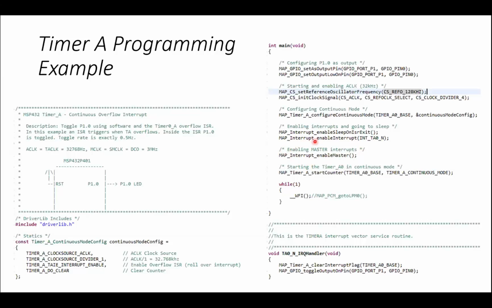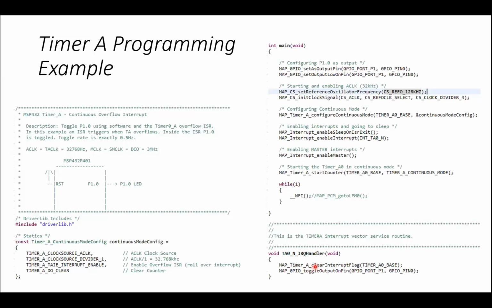Then you enable all the interrupts on your microcontroller, and finally you are starting, like a command to the hardware, to start the timer itself. So map timer A start counter. Then you put here the timer that you meant. Maybe you have many timers configured or defined, and in what mode you want to start it.